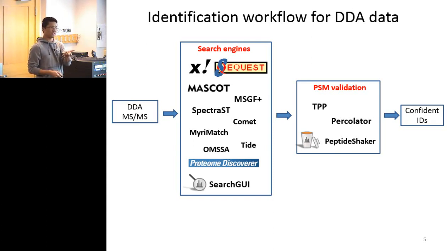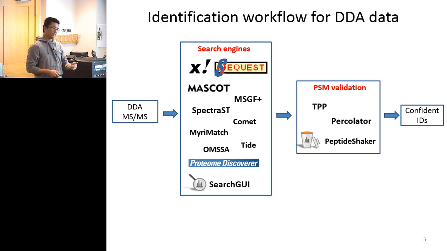You can have the FASTA file, and all those protein sequences can be digested in silico into all the possible peptides, and all the possible peptides can generate theoretical spectra according to all the peptide bonds you can get.